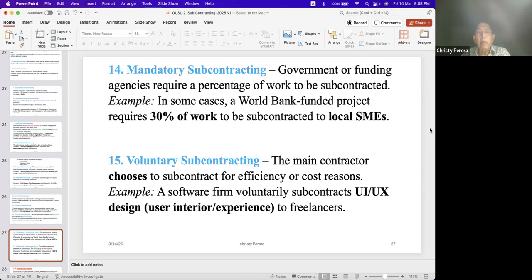Number 15, voluntary subcontracting. The main contractor chooses to subcontract for efficiency or cost reasons. Example, a software firm voluntarily subcontracts UI or UX design, that is user interface or user experience design. It's in the IT sector, right? To freelancers. You can give it to one expert consultant as voluntary subcontracting.